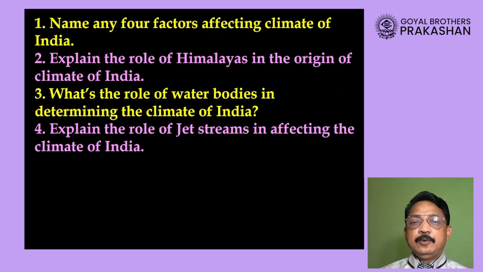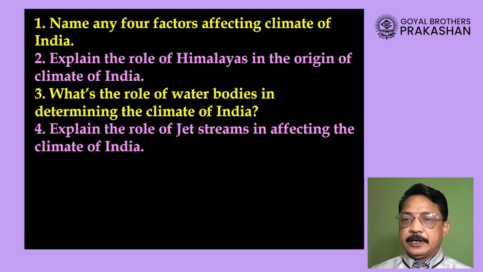Okay. Now question number 4 is, explain the role of jet streams affecting climate of India. So dear students, you have to tell about two jet streams. The first is the westerly jet stream that blows towards India during winter time.